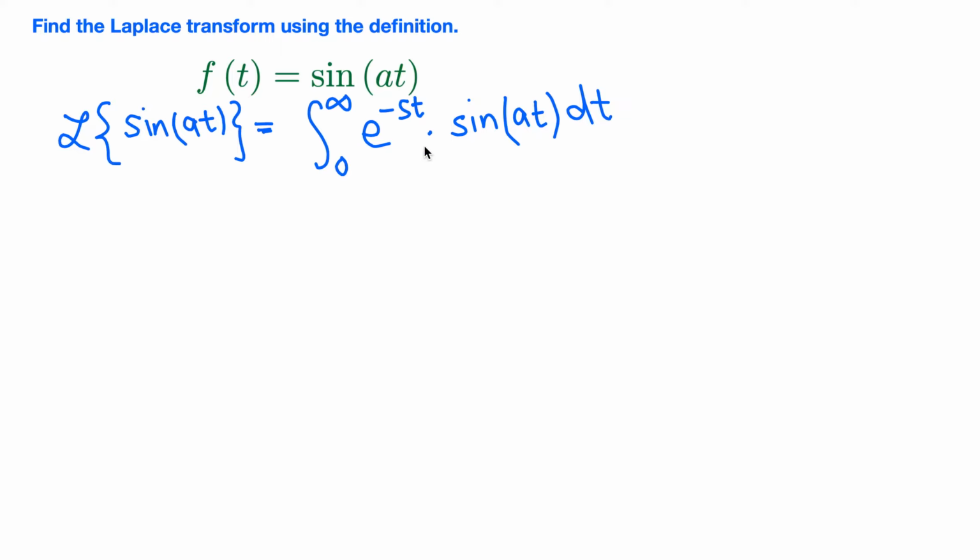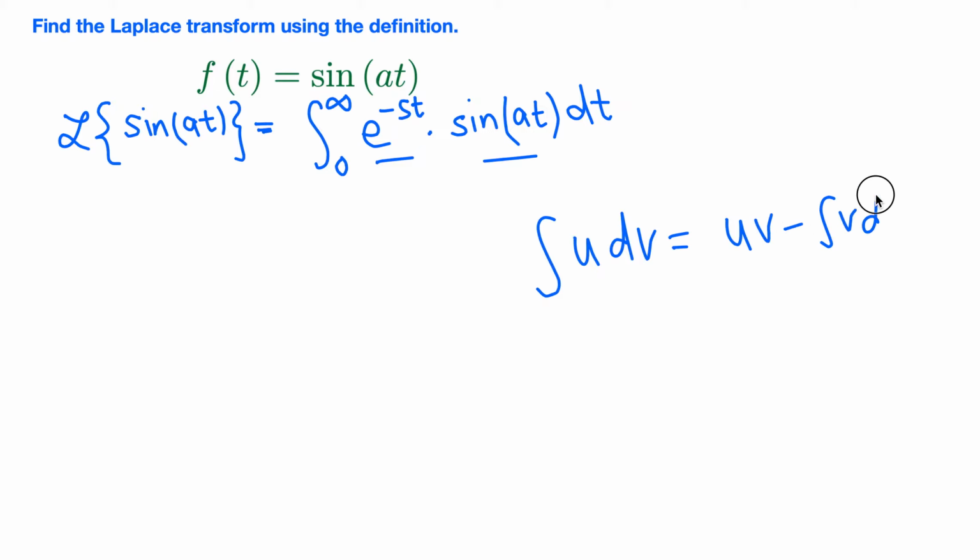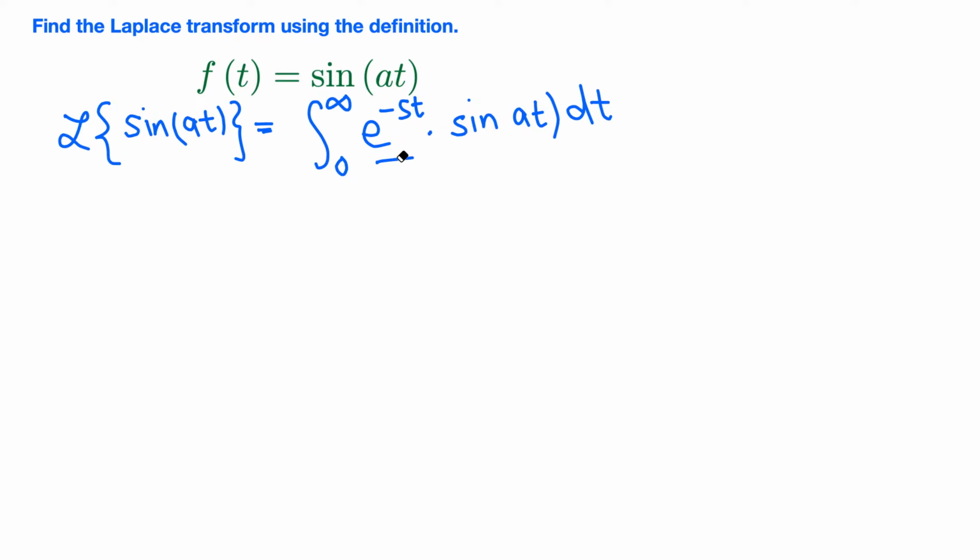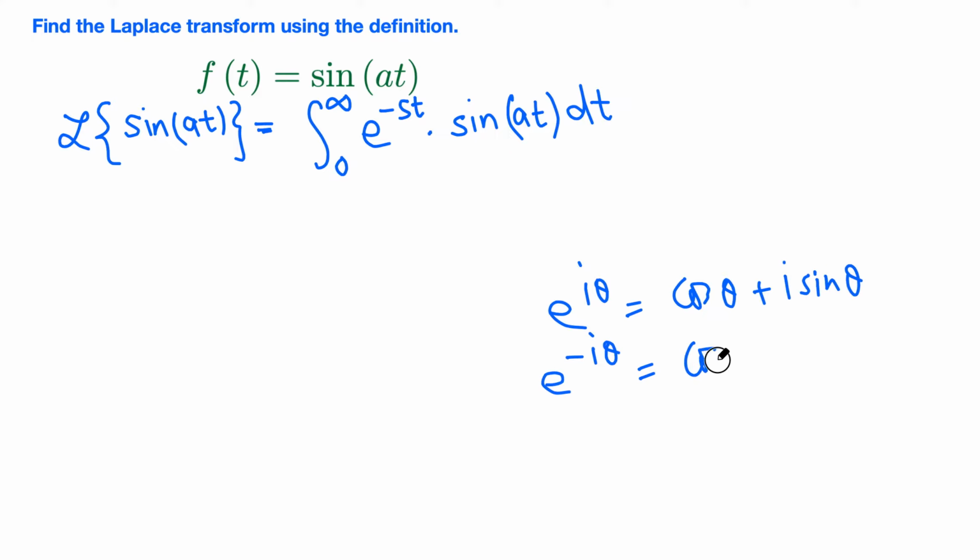Now we have a product of two functions, so we can use integration by parts, uv minus the integral of v du. Or let me manipulate this sine at in terms of exponential functions, so it becomes much easier. We know that e^(i theta) is cosine theta plus i sine theta, and e^(minus i theta) is cosine theta minus i sine theta.